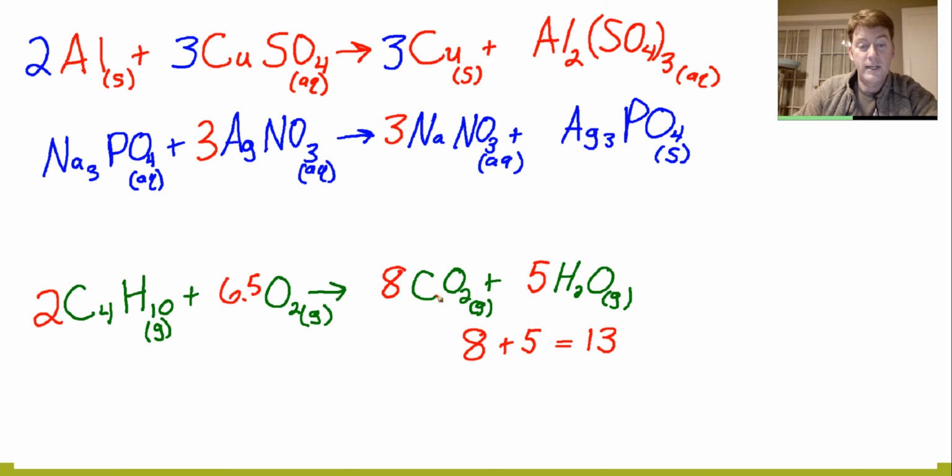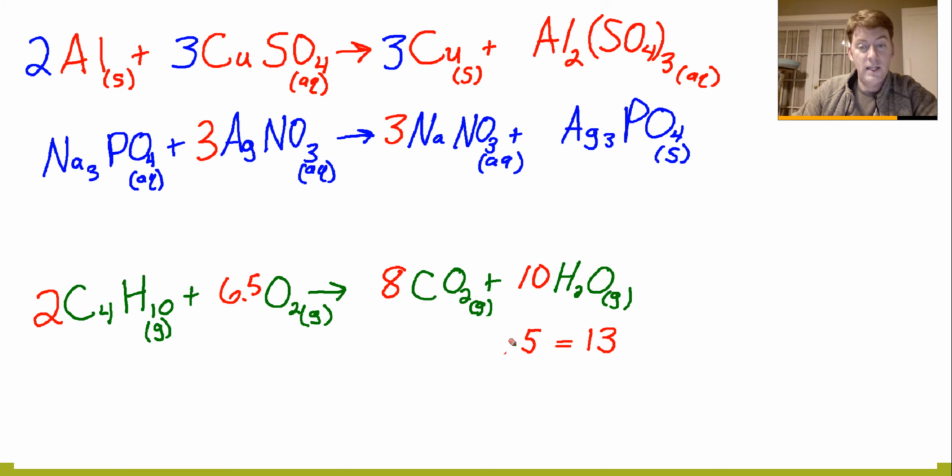So 8 carbon dioxides. We'll use 8 carbons. And over here, I'm going to have to erase this, because now I have 2 times 10 is 20 hydrogen. So to get 20 hydrogen out of water, I'm going to have 10 waters. 10 times 2 is the 20.